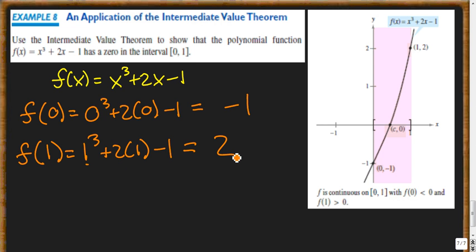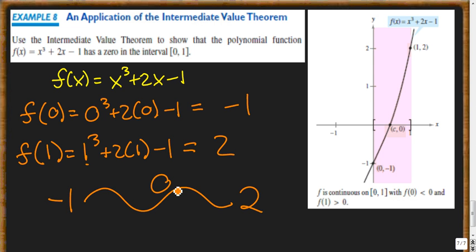Well, that is important. When we look back at this function, we need to decide, is this continuous on this interval? Well, yeah, there's no reason for it not to be, right? We're not taking square roots. We don't have anything bizarre like the greatest integer function. We're not dividing by any functions or anything. So I know 100% sure that this is continuous. You don't even really need to say anything more. Because I'm going from negative 1 all the way to 2, and I'm continuous, I have to pass 0.